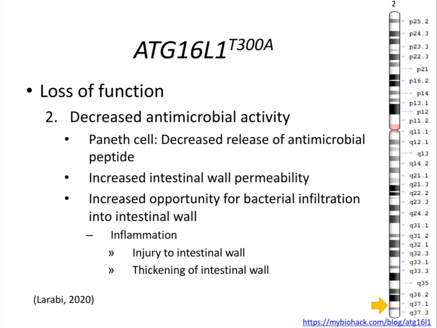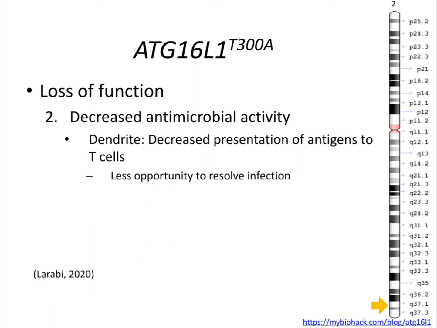This will result in inflammation, injury to the intestinal wall, and thickening of the intestinal wall. Furthermore, dendrites that express this allelic variation have a decreased capability to present bacterial antigens to T cells. Therefore, there will be less opportunity to resolve the infection.